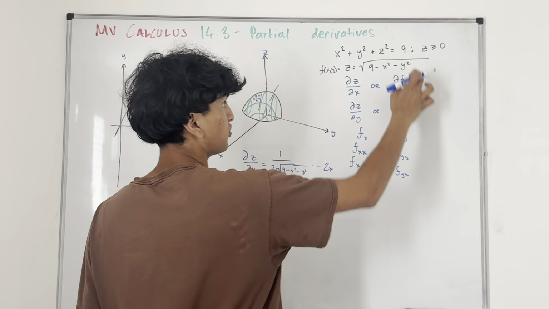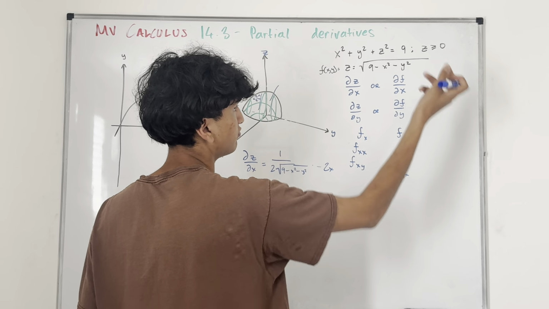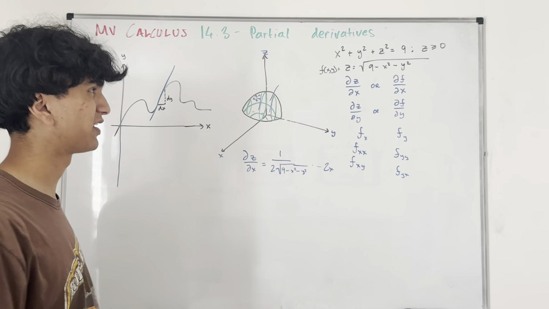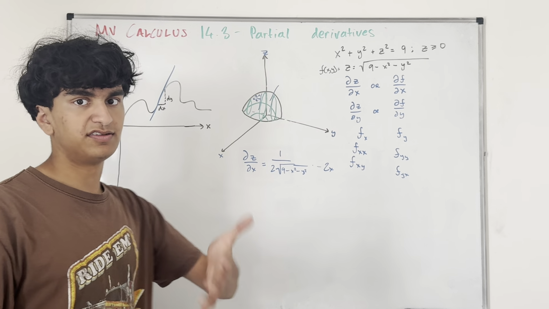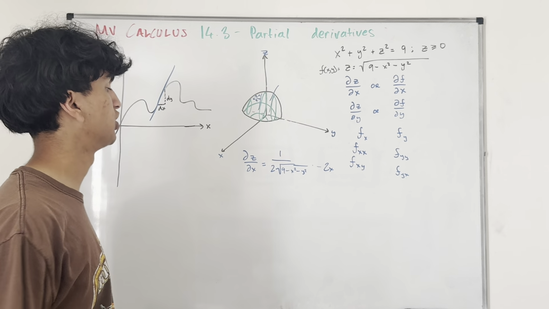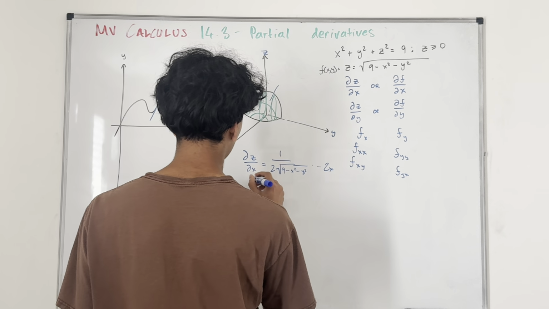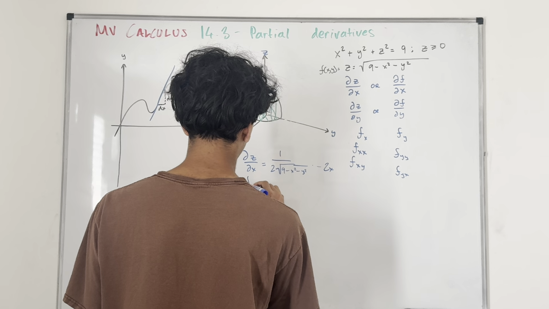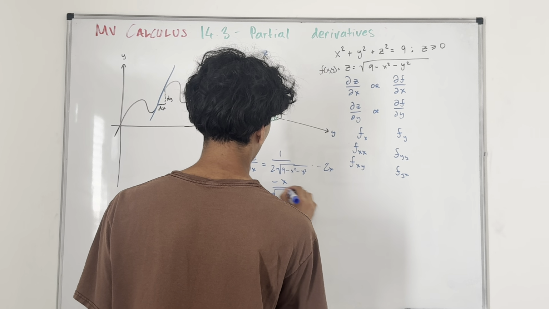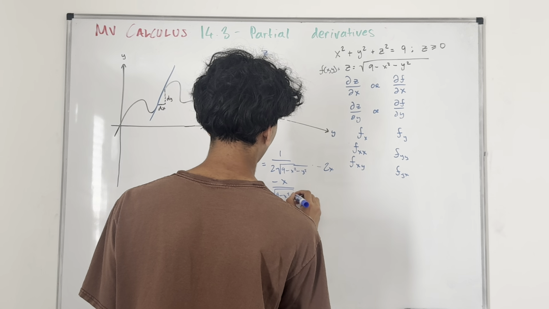So partial y, partial x is 0, because my y value is not changing. It's a cross section, so that becomes 0. So partial z, partial x, or f x, is going to equal negative x over root 9 minus x squared minus y squared.